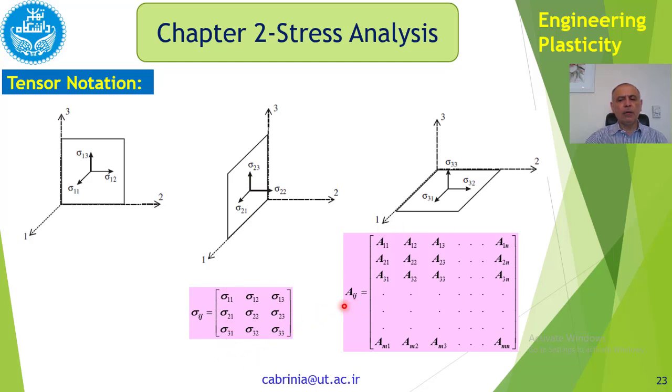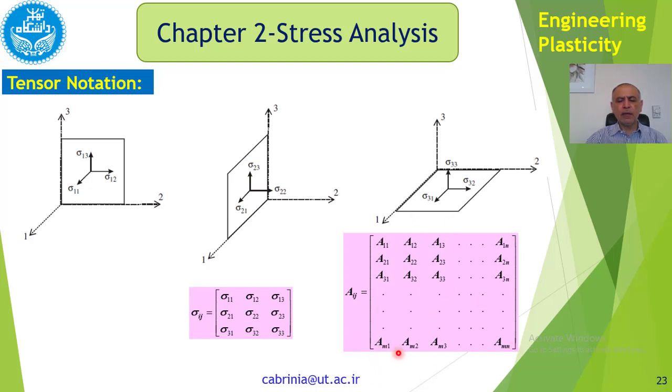In general, we have this tensor notation A, i, j. As you can see, i can be allocated values of 1 to m, and j is allocated values of 1 to n. Therefore, i is the number of rows and j is the number of columns.